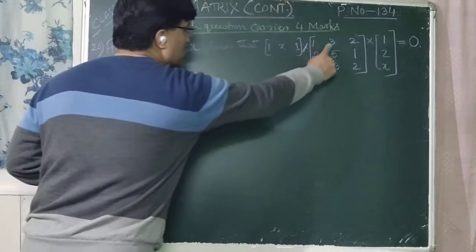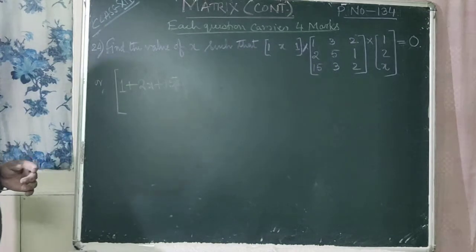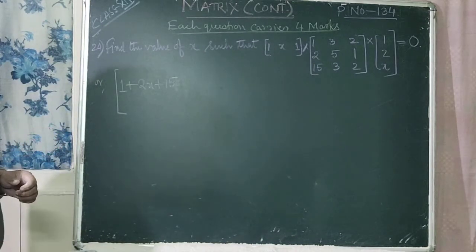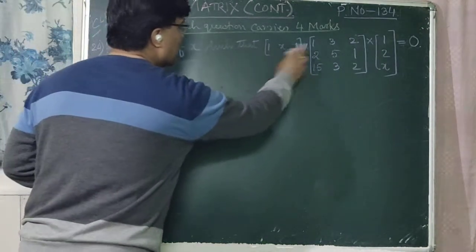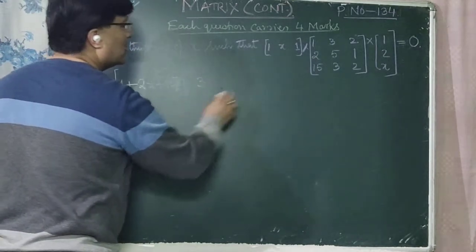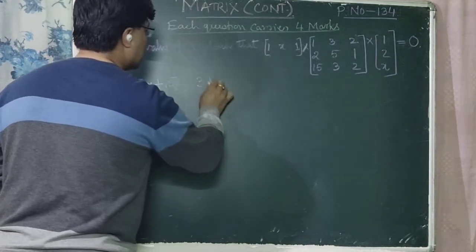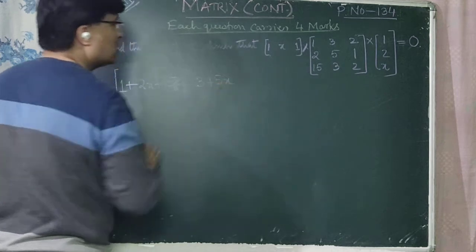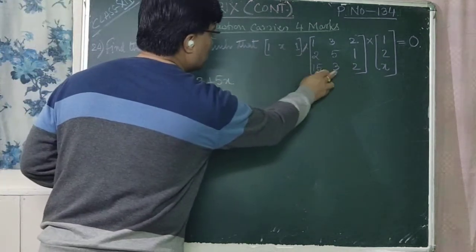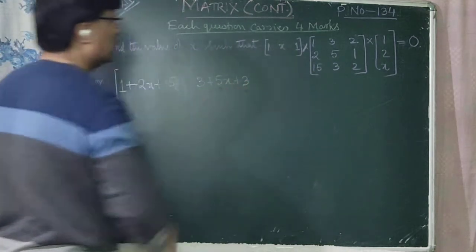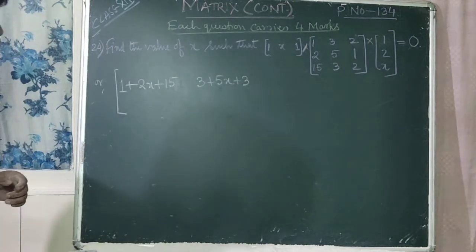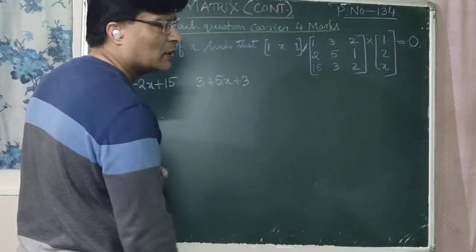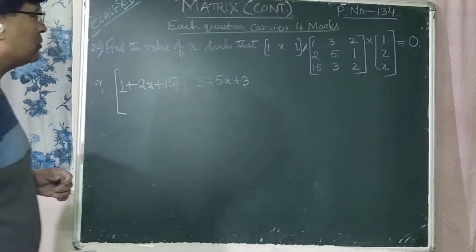So this first row should be multiplied by the second column. Corresponding elements should be multiplied. That is, again, 1 3s are 3, plus 5x, plus 1 3s are 3. Is that clear? And what is the next one now?